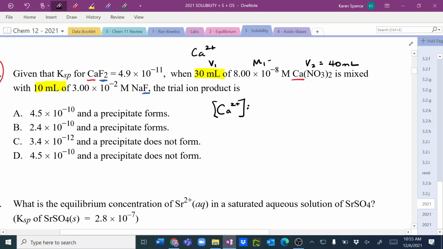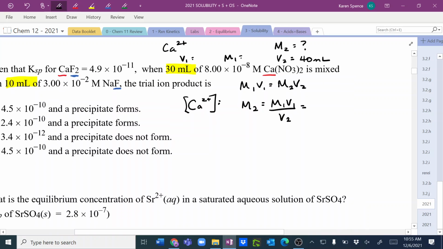Okay, so we know M1, we know V1, we know V2. We want to solve for M2, so that's what we don't know. So we have M1 V1 equals M2 V2. And M2 then is equal to M1 V1 over V2.